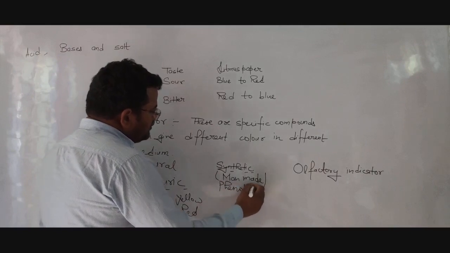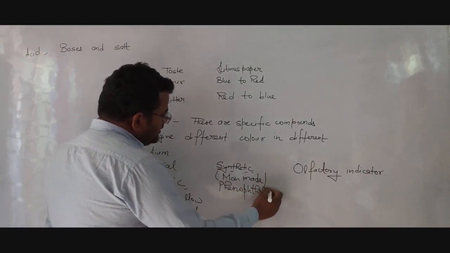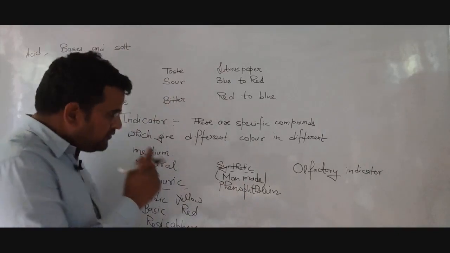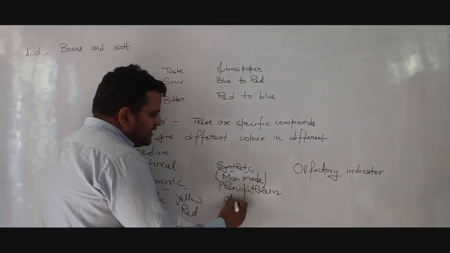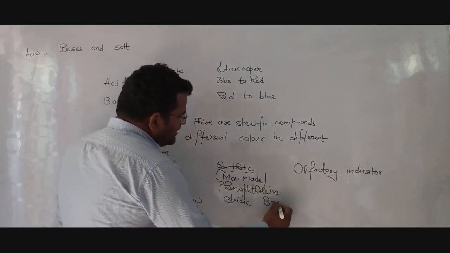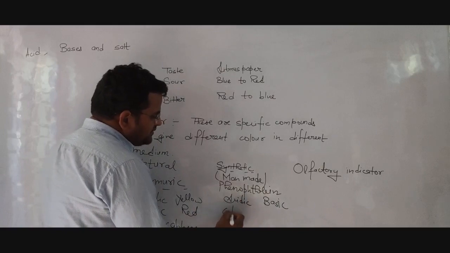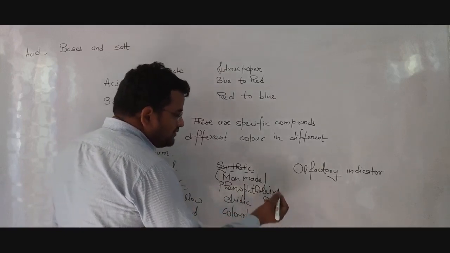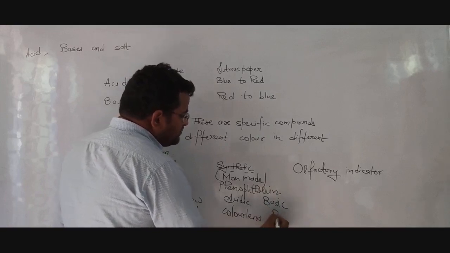Phenolphthalein is an indicator that can change color in different mediums. The color in acidic medium is colorless and the color in basic medium is pink.